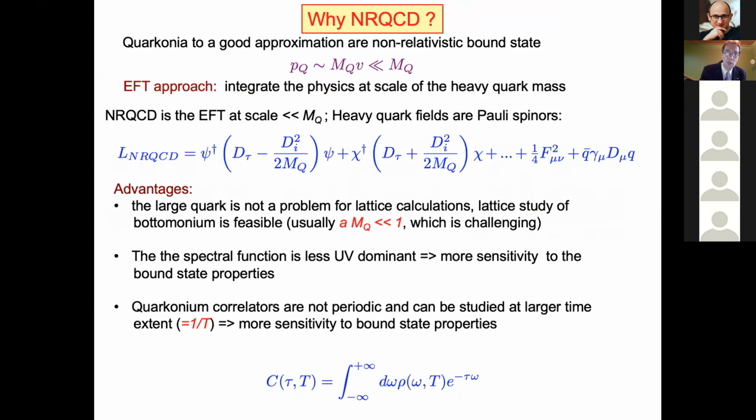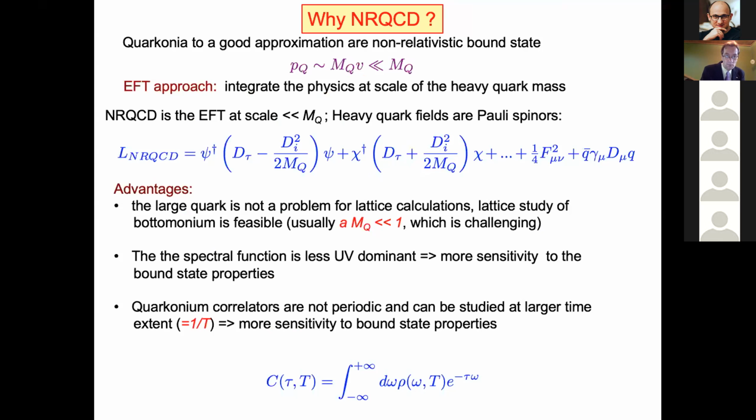We know that quarkonia, to a good approximation, are non-relativistic, which means that the momenta are much smaller than the mass, and therefore we can integrate out the physics at the energy scale of the heavy quark mass and derive an effective theory which just describes the physics at the order of the heavy quark momenta, which are much smaller. When doing so, we get a field theory with non-relativistic Pauli spinors, psi and chi, describing the quark and anti-quark, and the light degrees of freedom. The light quarks and gluons remain intact, but now at a lower energy scale.